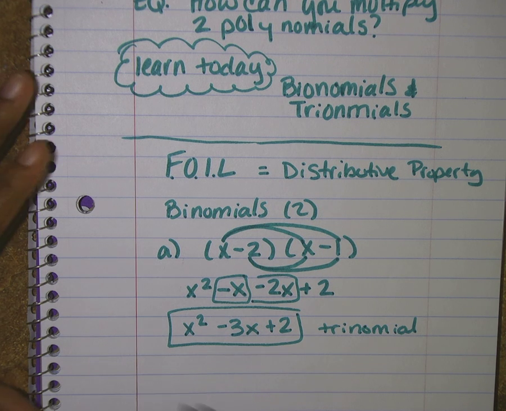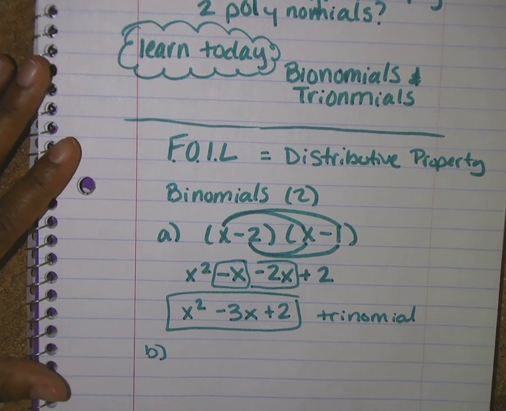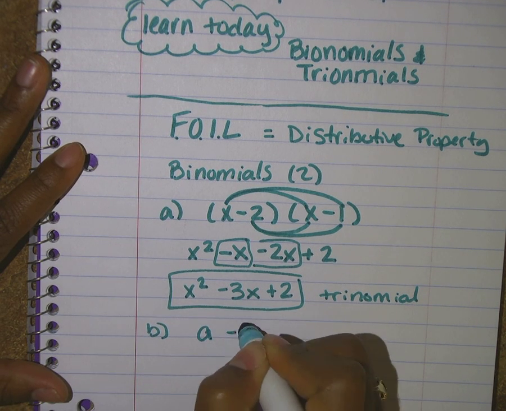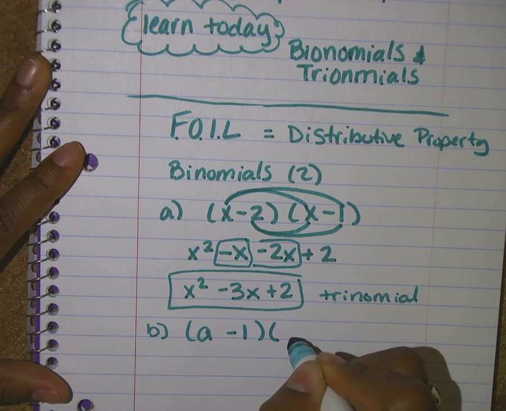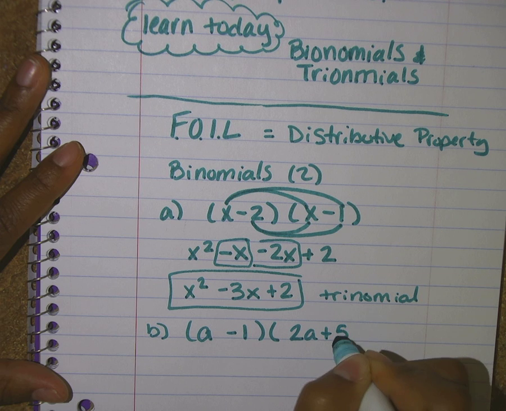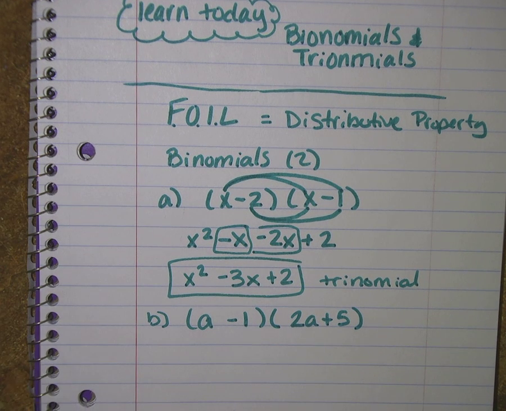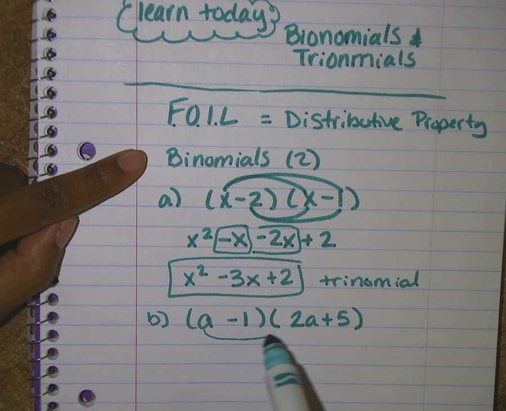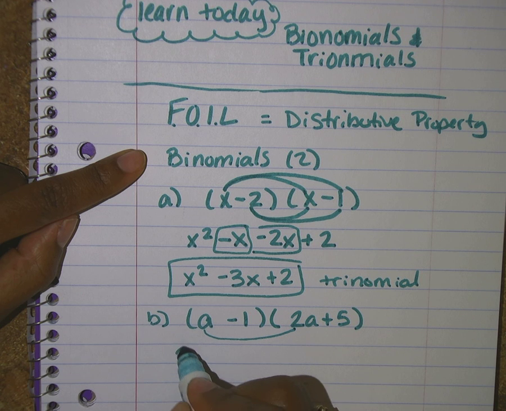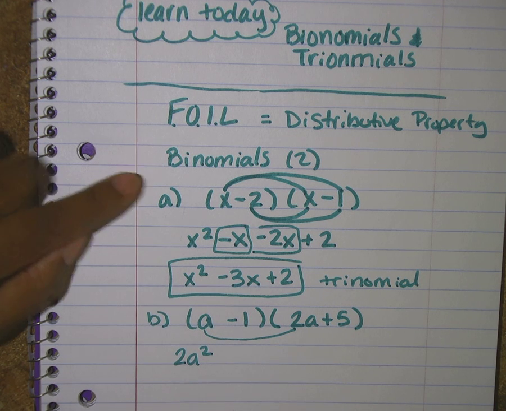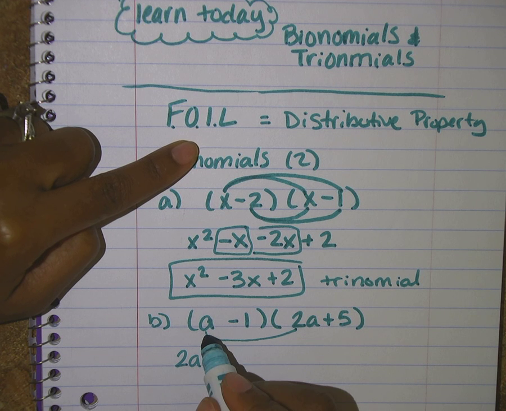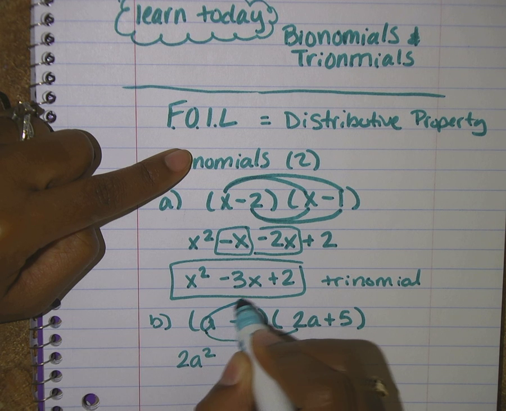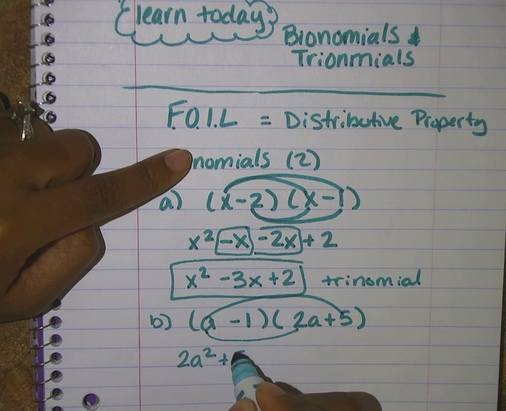Let's try another one. Then we'll let you do one by yourself. I have a minus 1 times 2a plus 5. I'm still using FOIL. I multiply the first terms, a times 2a, which gives me 2a squared. Then the outside terms, a times 5, is 5a.